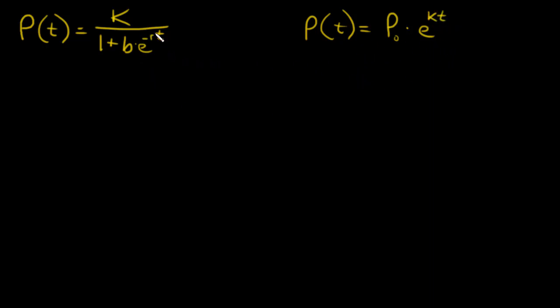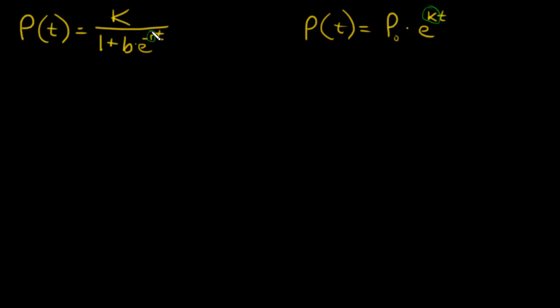And one thing to note is that for this one, this r right here is the same as this k because they decided to change the variables. And the k over here is not this k; this k is the maximum population.